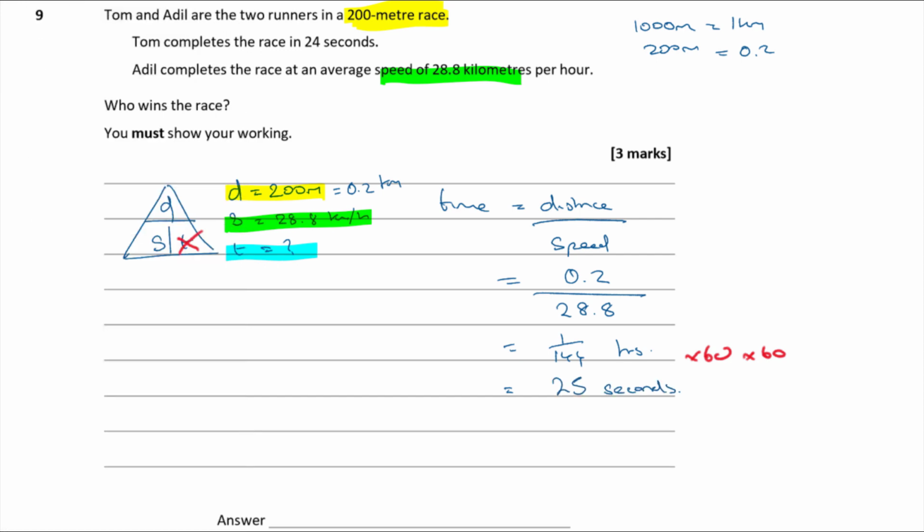So now I can see I've got 25 seconds for Adil. We're doing Adil's race at the moment. We know that Adil is 25, and we know that Tom completed it in 24 seconds. So who's faster? It's Tom by a second, isn't it? So Tom fastest.